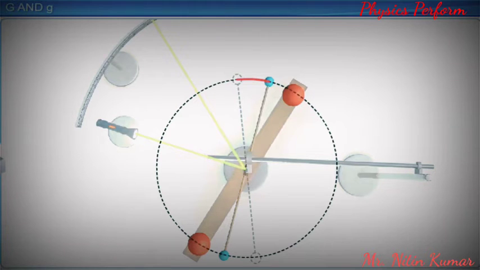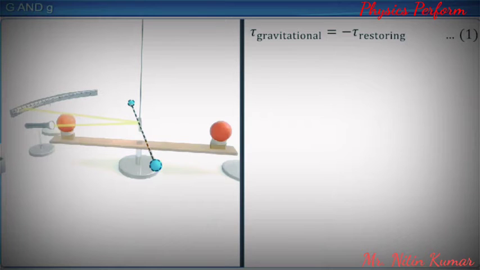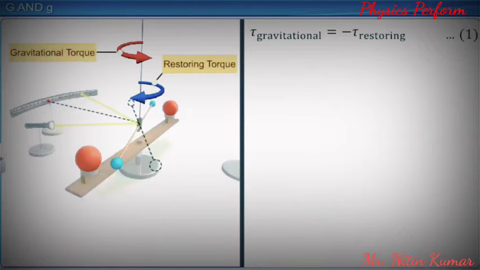The system of horizontal rods rotates till the torque due to gravitational force between the spheres equals the restoring torque on them. Thus, we have equation 1. The negative sign in this equation indicates that both the torques act in opposite directions. The total torque due to gravitational force between the spheres is denoted by equation 2.